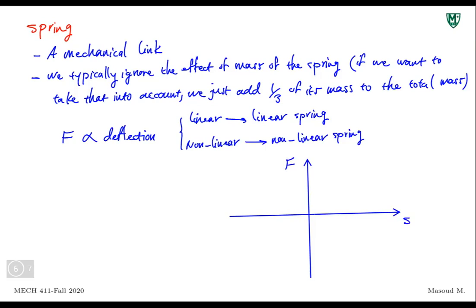Now, if the relationship between the force and deflection is linear, meaning that if we plot that relationship, it's just a straight line. The slope of this line we represent with K, which is the spring stiffness.